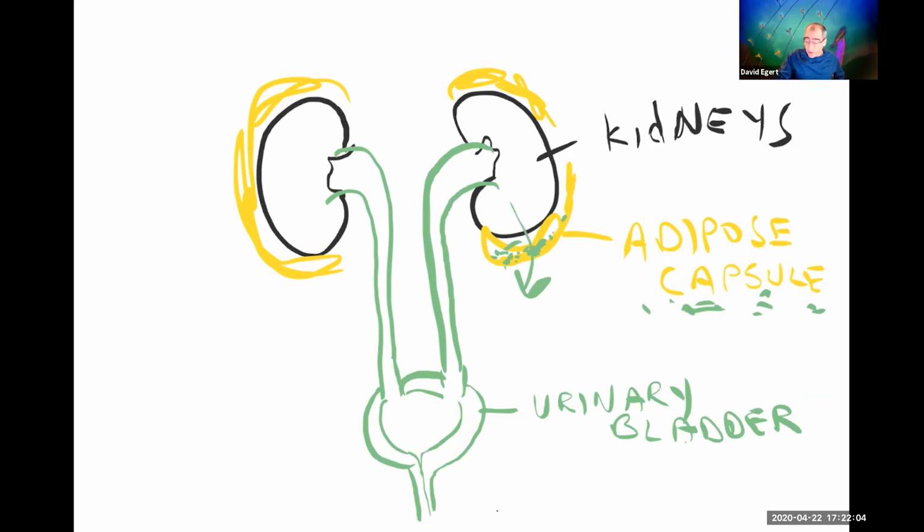Drooping of anything is called ptosis. You can have ptosis of your eyelid as well if your eyelid droops. But if the kidney droops, it can kink up the ureter here and make it harder for the urine to flow out. So ureters are the things that carry urine from the kidneys to the bladder.